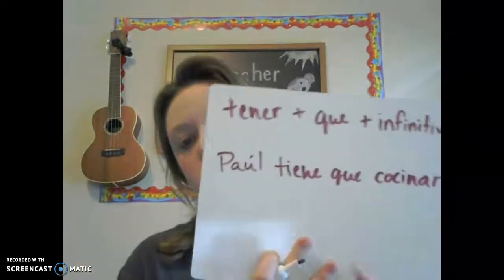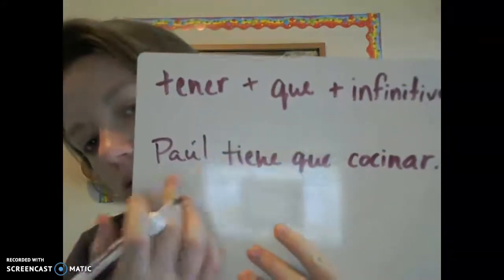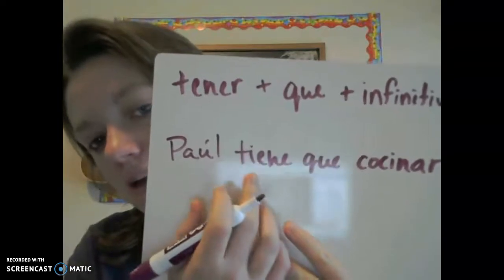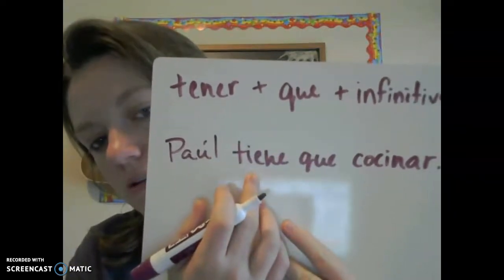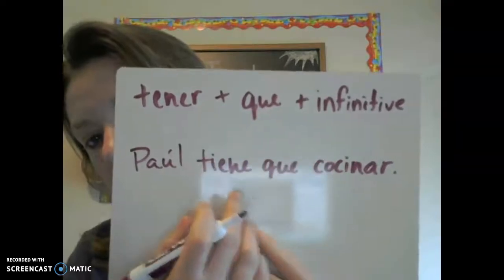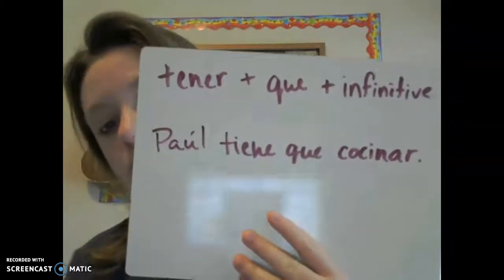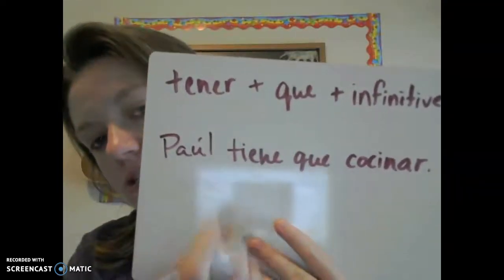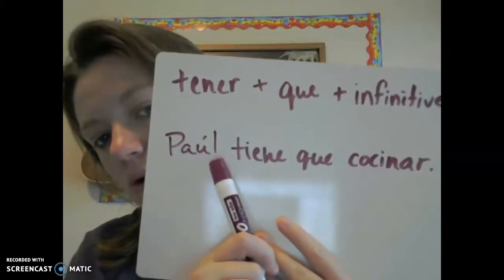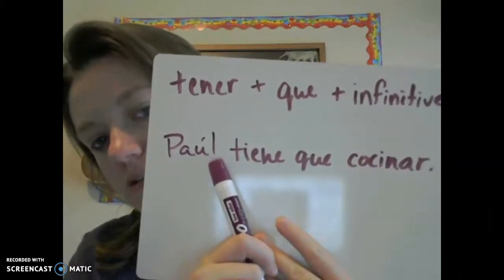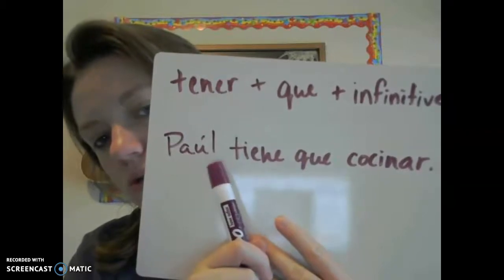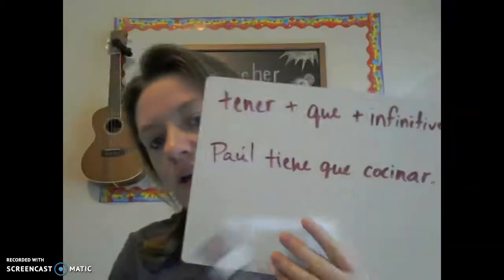I use the conjugation tiene, which is the same as él, because I could say Paul has to cook or I can say he has to cook. But the conjugation is the same whether I use his actual name or I use a pronoun to replace it, él. So Paul tiene que cocinar, Paul has to cook.